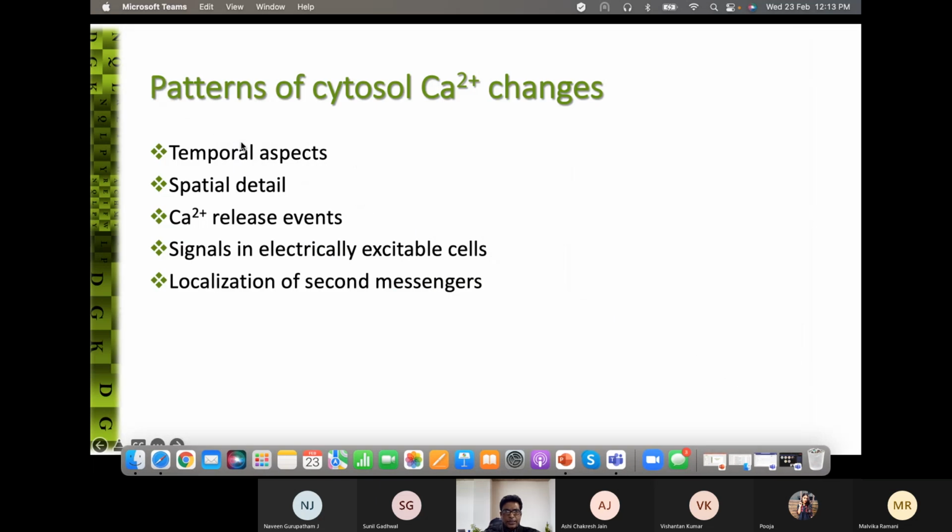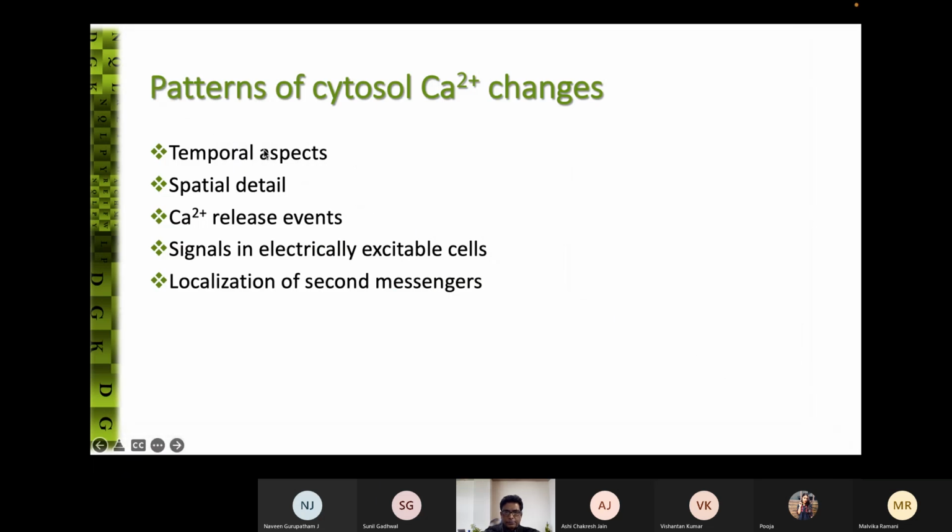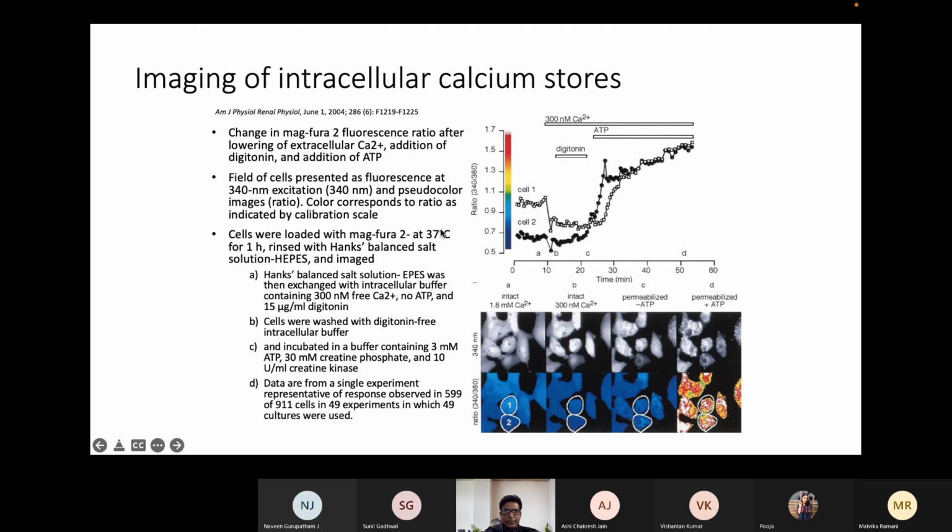So as I was saying yesterday, what I wanted to convey through the slides, which I'm just going over right now, is that this slide I'm showing you is primarily to illustrate that you could monitor the change in concentration within a cell by using fluorescent probes, like the MAG Fura 2.